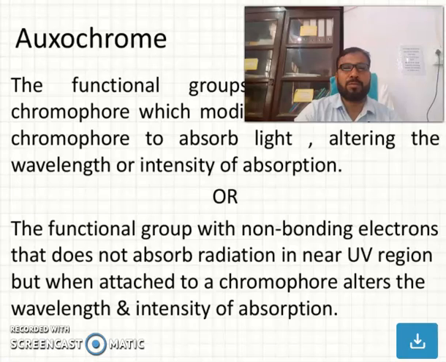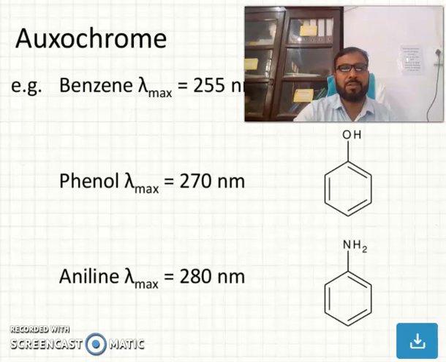Now the auxochrome. What is auxochrome? The functional group attached to a chromophore which modifies the ability of the chromophore to absorb light, altering the wavelength or intensity of absorption. The functional group with non-bonding electrons does not absorb radiation in the near UV region, but when attached to a chromophore alters the wavelength and intensity of absorption.